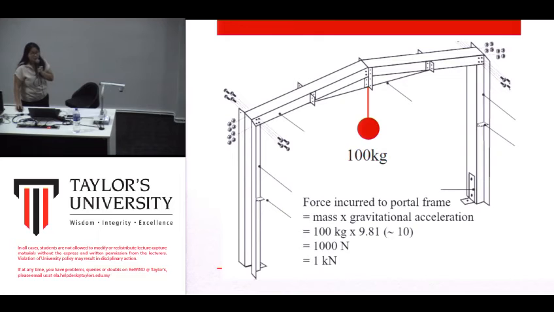The weight is the mass times gravitational acceleration, 9.81 or equivalent to about 10. So we'll have 1000 Newton, equivalent to 1 kilonewton. So replace 100 kg by 1 kilonewton. Alright? So that's how you convert mass into force.